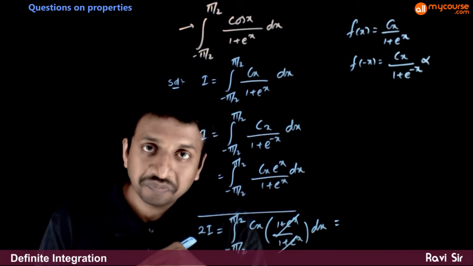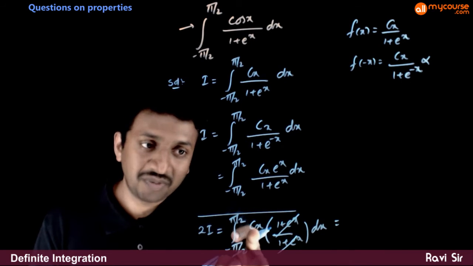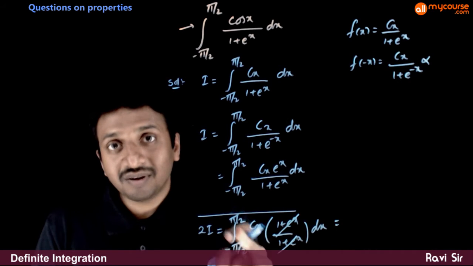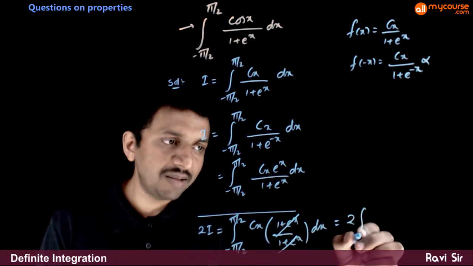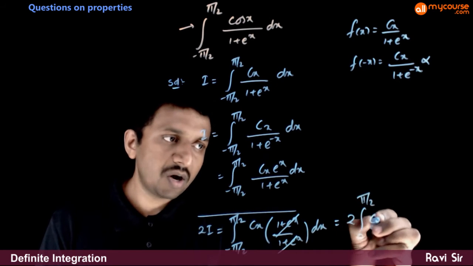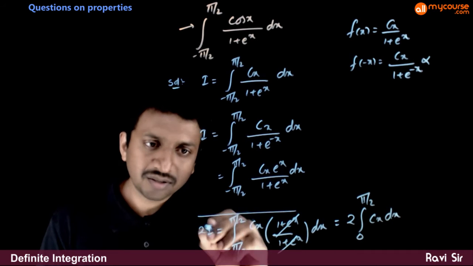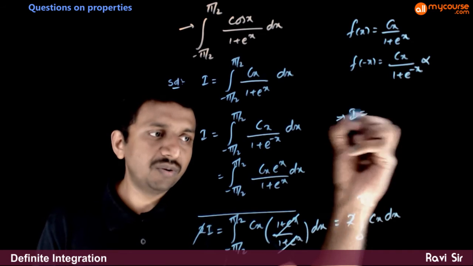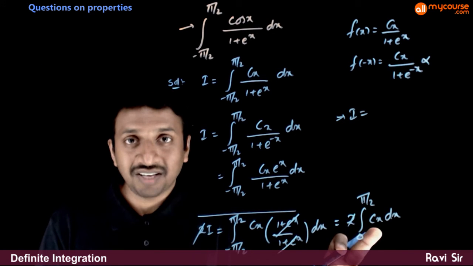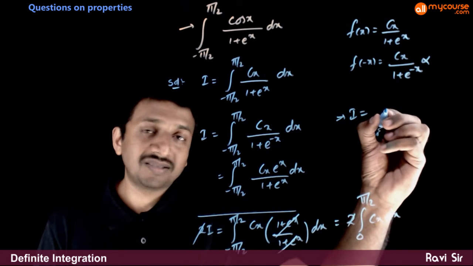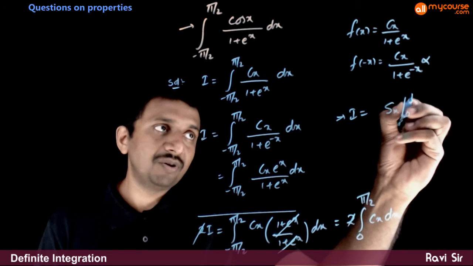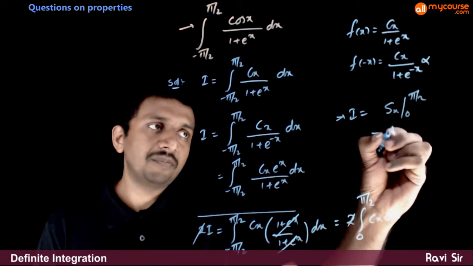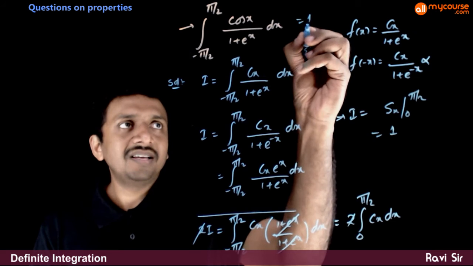Cos x is an even function because cos of minus x is equal to cos x, so I write it as 2 times 0 to pi by 2 of cos x dx. This 2 and this 2 get cancelled. So I is equal to the integral of cos x dx from 0 to pi by 2, which is sin x from 0 to pi by 2, which is equal to 1.